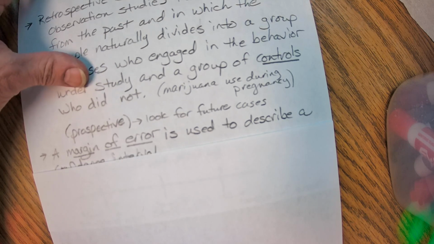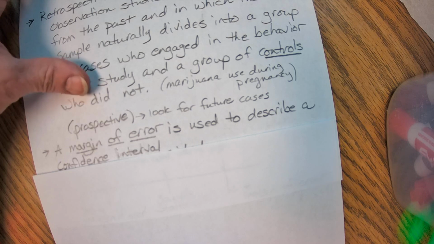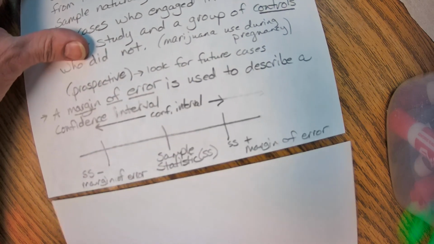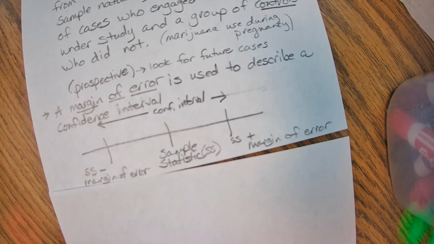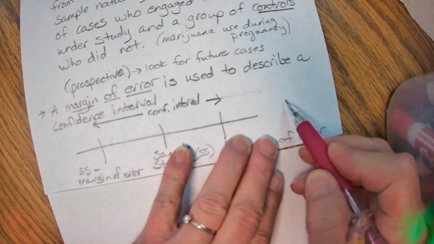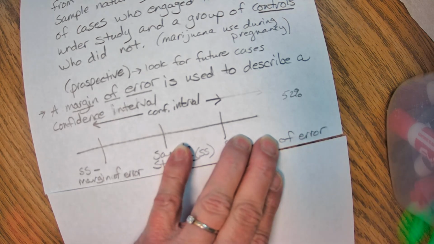And the last thing that we talk about in this section is a margin of error. And that's used to describe a confidence interval. So for instance, let's say that you were doing a study on a political election that's coming up, and one candidate you predict would get 52% of the vote.